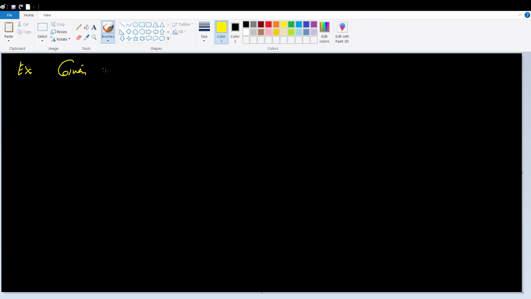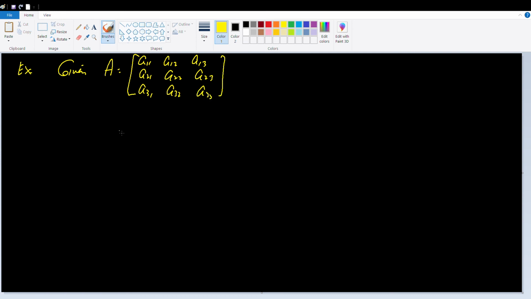Okay, we are given matrix A. Let us just label the entries A11, A12, A13, A21, A22, A23, A31, A32, and A33.